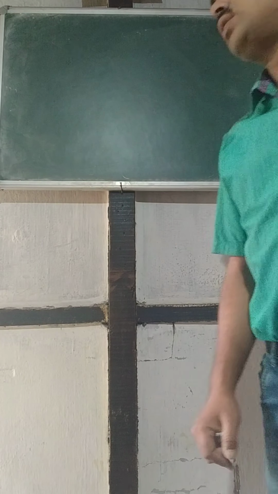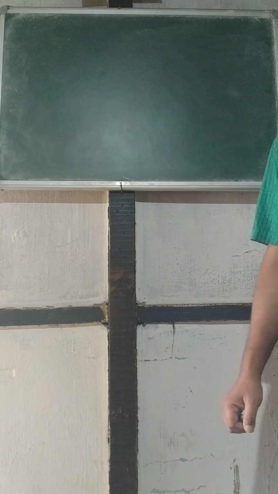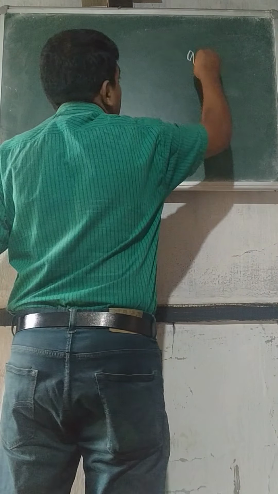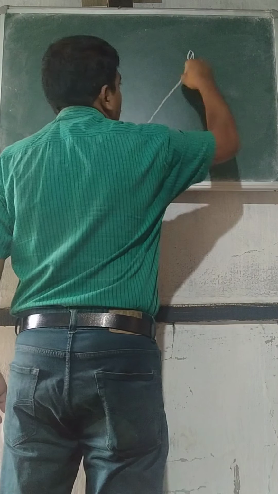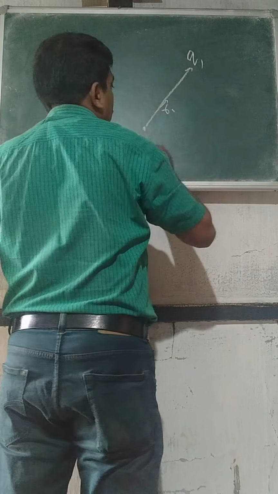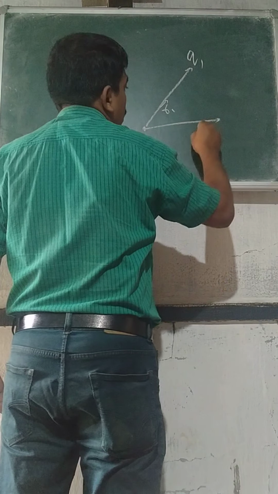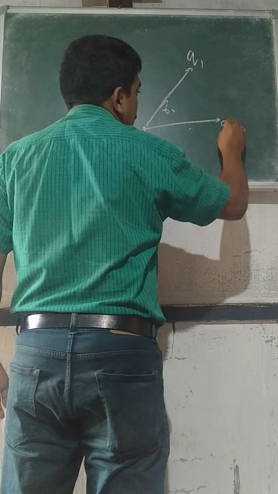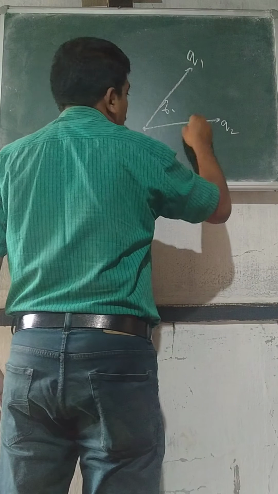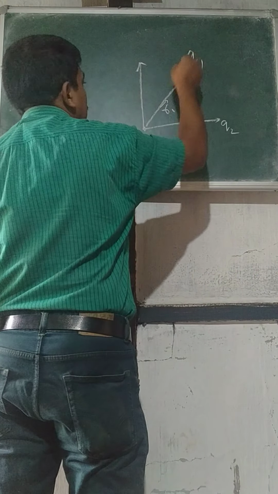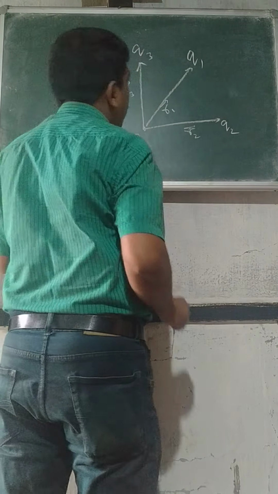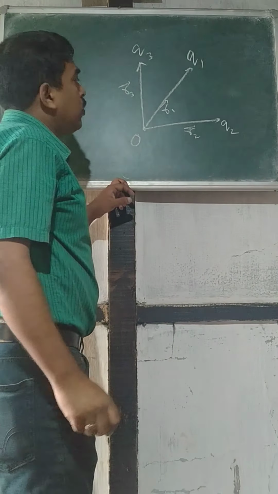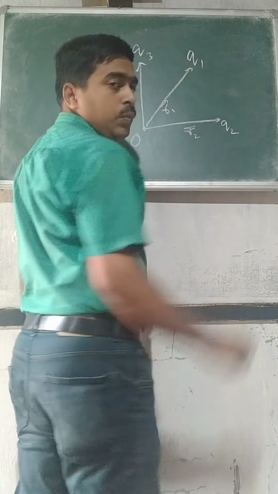First, suppose we consider three charges Q1, Q2 and Q3. So let's consider Q1 at this position, a distance of R1 from the origin. Q2 is a distance of R2 and Q3 is a distance of R3. First, we have to calculate the force between Q1 and Q2.